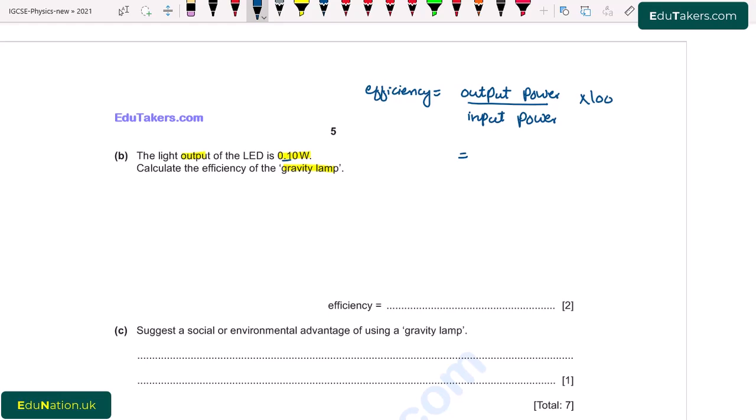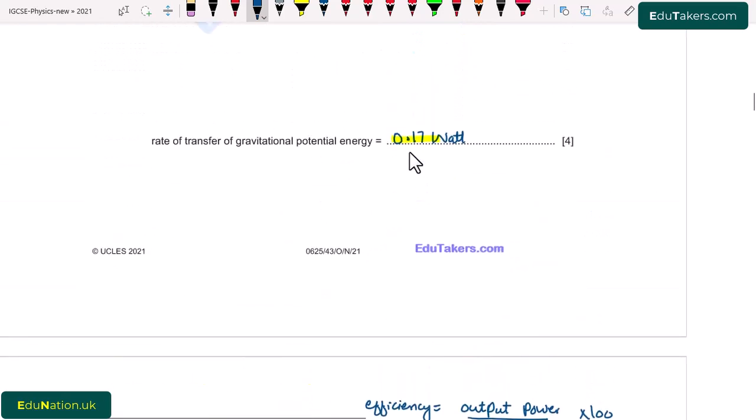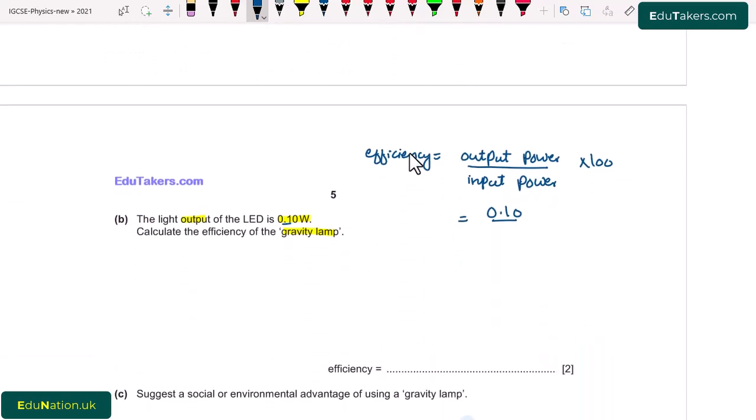So output is given, 0.10 watt, and the input power that we calculated is 0.17. So I write here 0.10 over 0.17 multiplied by 100, which is the efficiency. So efficiency comes to be 59%. I write here 59%.